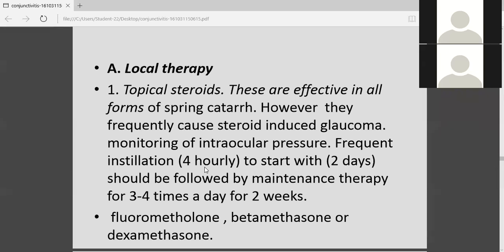We don't have any way out. We have to use steroids. Okay, if you are not using potent steroids like prednisolone, you can use mild steroids like fluorometholone, like betamethasone, and then a little bit more powerful dexamethasone.